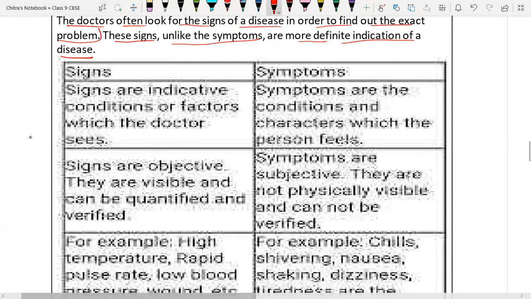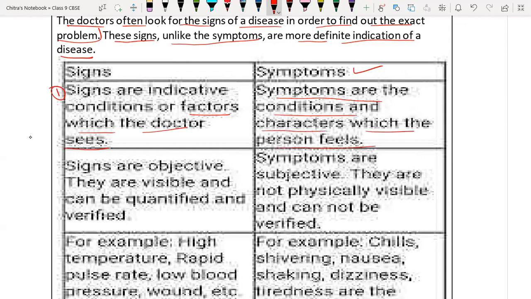First, signs are indicative conditions which can be identified only by the doctor. But symptoms are the conditions and characteristics which the person feels. Means symptoms can be felt by the patient only, and signs can be identified by the doctor or another person.